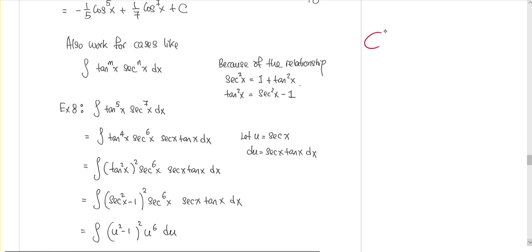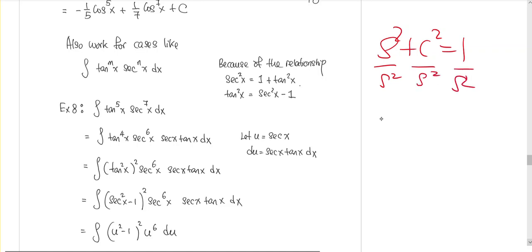Remember that we have the Pythagorean identity, which is sine squared plus cosine squared equals 1, and you can divide by sine squared to get cotangent squared x plus 1 equals cosecant squared x. Actually, I don't need this, I divided the wrong thing. I want to divide by cosine squared to get tangent squared x plus 1 equals secant squared x.